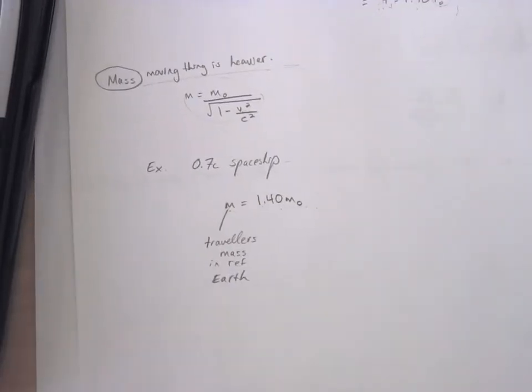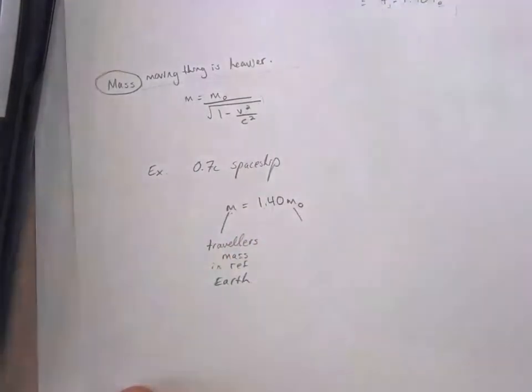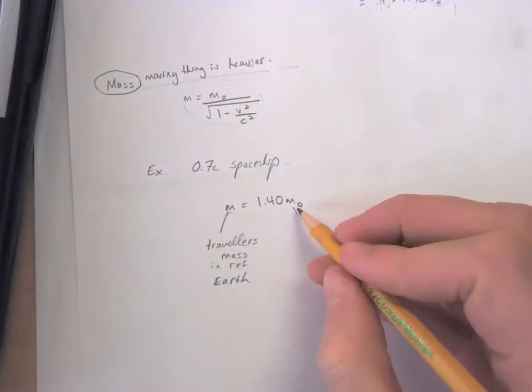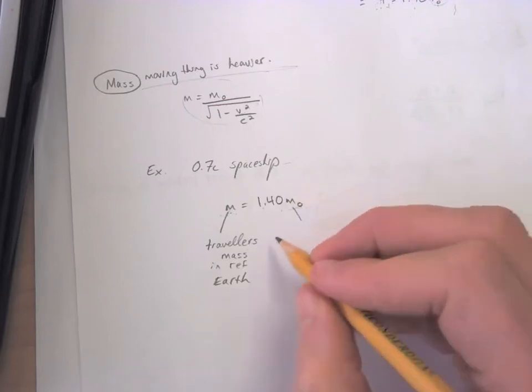Okay, so the person on Earth will measure the mass of the spaceship when it's moving, and it'll be higher than if you measured it when it's still. Okay, or I guess this is the mass of the spaceship in reference to the person in the spaceship.